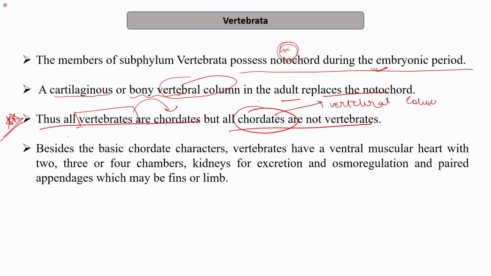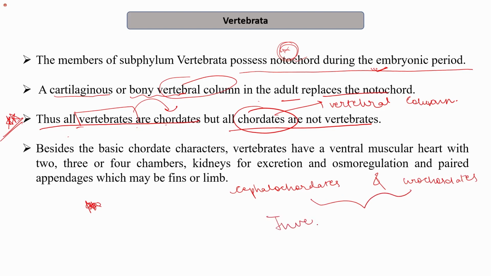Fine. So till now, what I can say is that the cephalochordates and urochordates, these two are the invertebrate chordates. They have chordate structures, but they do not have a vertebral column developed.